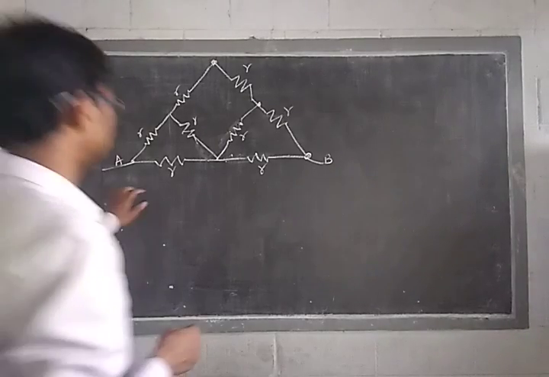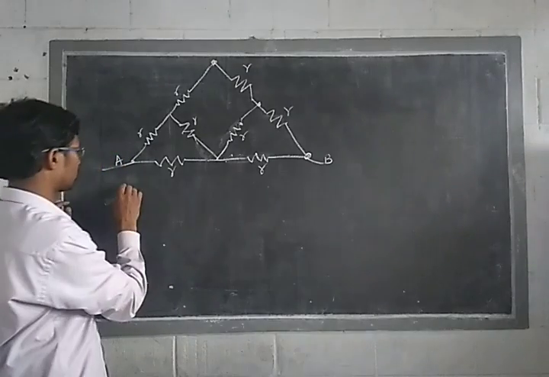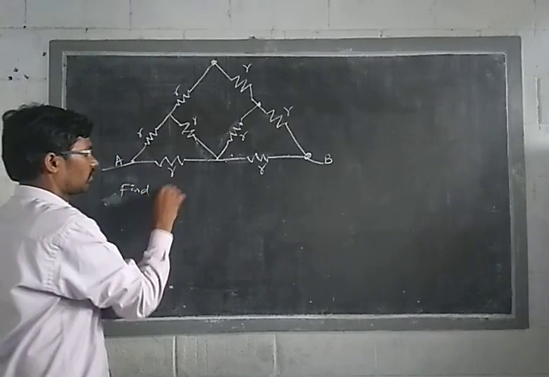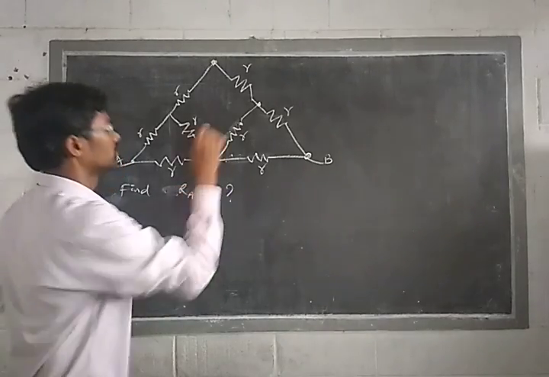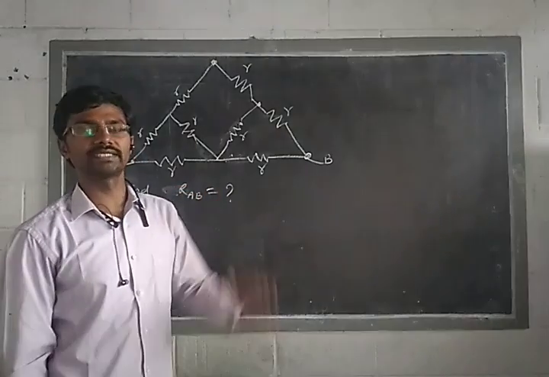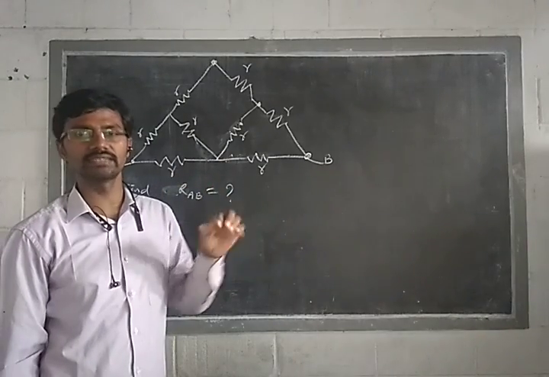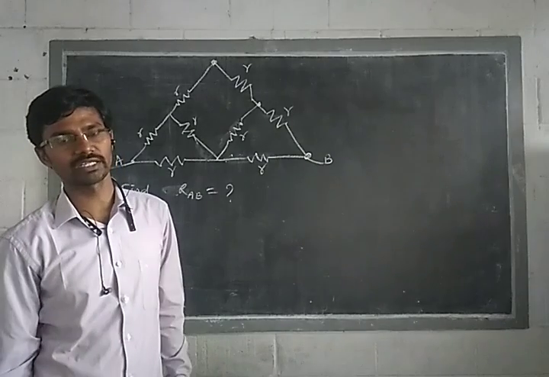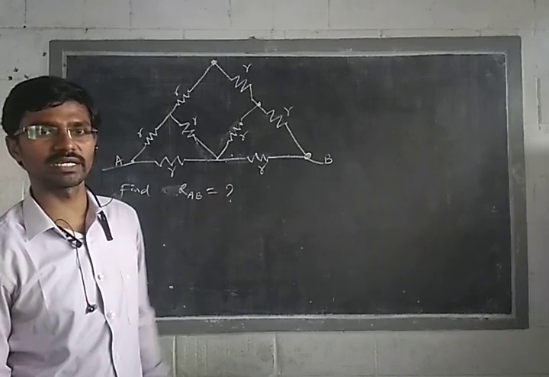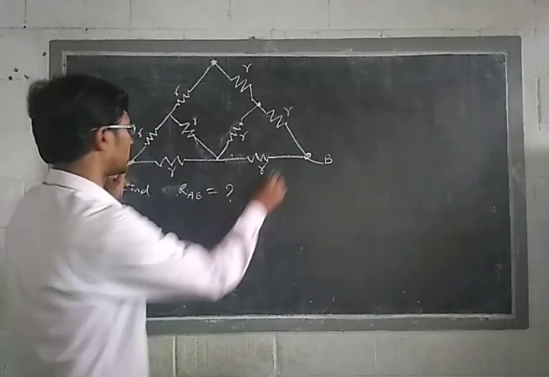Find the equivalent resistance between A and B. First let us check, is it a mirror symmetry or folded symmetry? Anybody can tell, students, what type of symmetry is it? First let me draw.